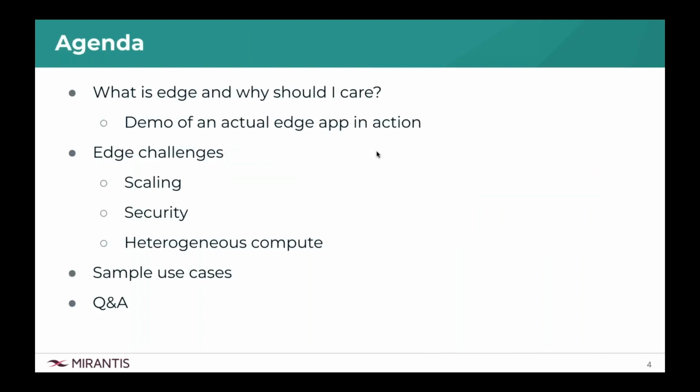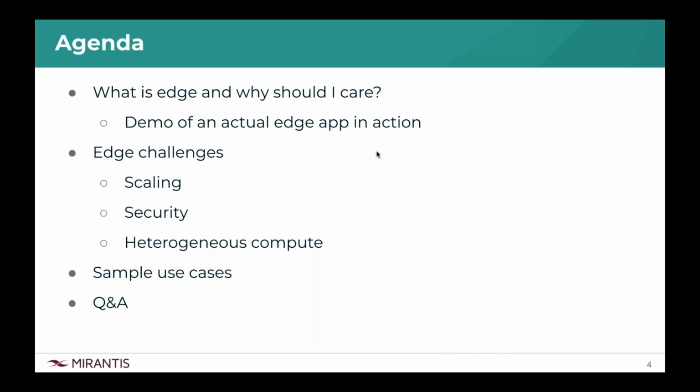Next, let's talk about the agenda. The first thing that we're going to do is give you a level set on, all right, what is this edge thing? Why does it matter? And we're going to do a demo of an actual edge app, so you have something tangible, well, reasonably tangible, to tie all of these concepts to, because at least in my experience, it's been this nebulous thing that everybody's talking about and nobody's getting specifics about.